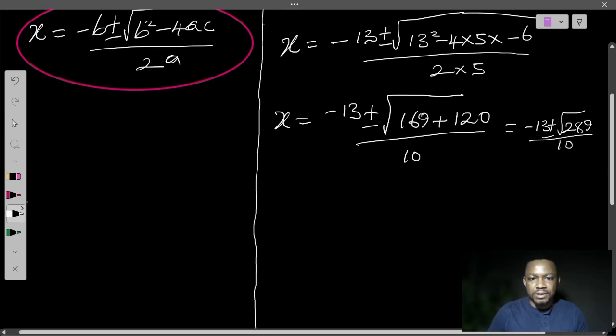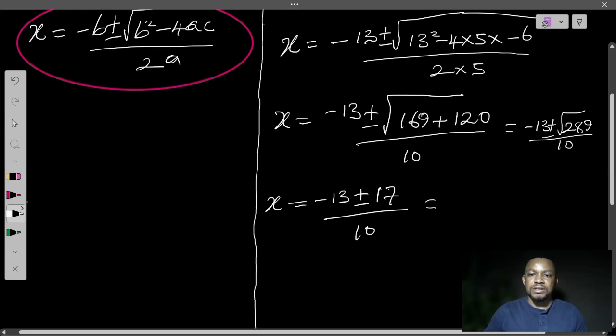So if we solve further, we have x equals minus 13 plus or minus the root of 289, which is 17, so let's just have that right away, plus or minus 17 all over 10.